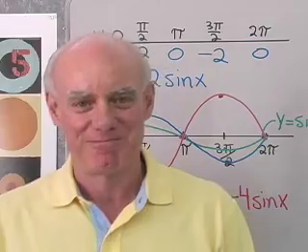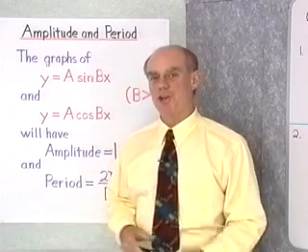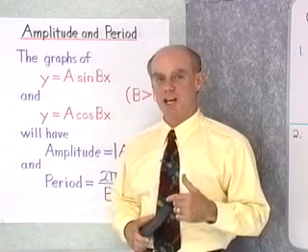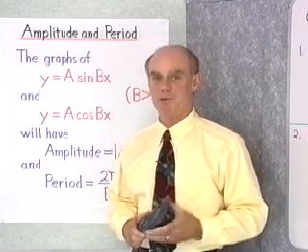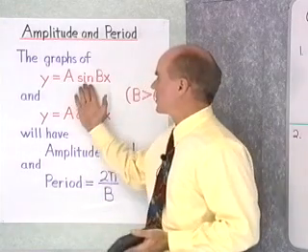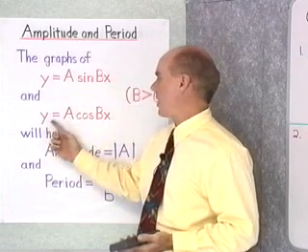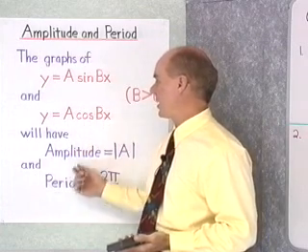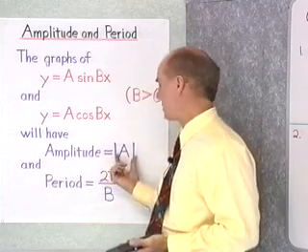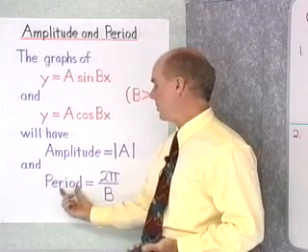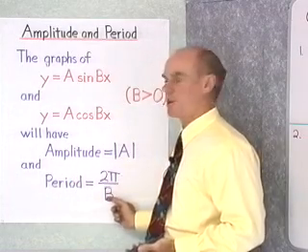So watch this tape. In this section we want to look at the kind of equations that change the amplitude and the period for the basic graphs that we looked at in the previous section. So what I've written over here is this: y equals a sine bx and y equals a cosine bx will have graphs that have amplitudes equal to the absolute value of a and periods equal to 2 pi divided by this number b.